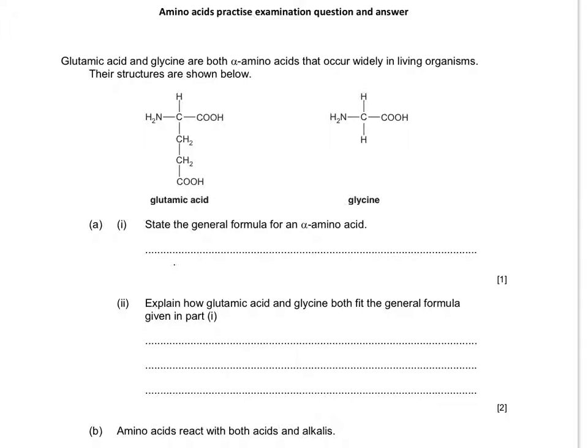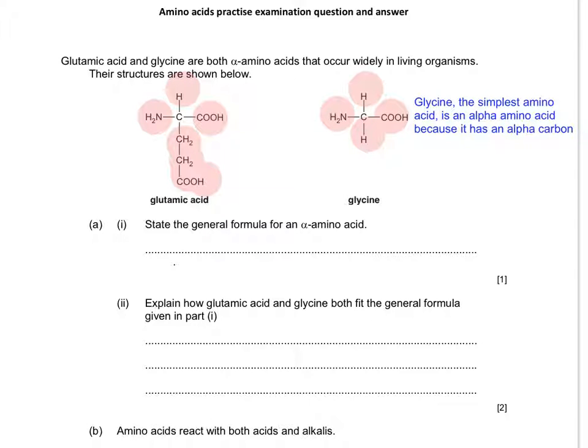Well, you've got your central carbon, that's your alpha carbon, and you've got the carboxylic acid group in each case, and the NH2, the hydrogen coming off the central carbon. You may have noticed there's not an R group as such on the alpha carbon in glycine, but it's still considered an alpha amino acid because the central carbon is an alpha carbon.